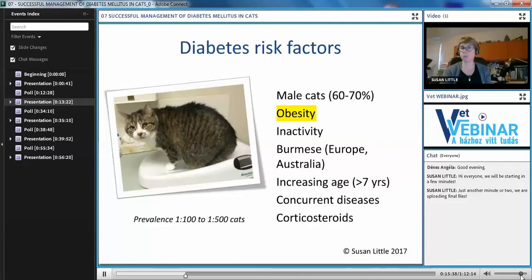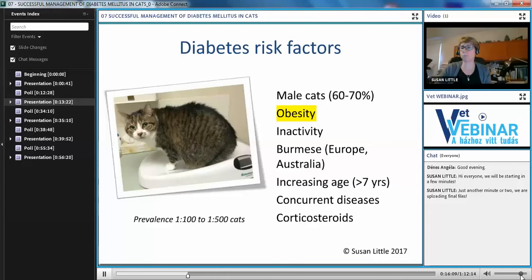Definitely more common with age. We've mentioned that already. So most patients are 6, 7 years of age or older. So as they get over 7 years of age, it's more common. We can more commonly see diabetes with concurrent diseases, and I mentioned chronic pancreatitis already as one of the diseases that can sometimes lead cats down the pathway where they develop diabetes, and drug treatment, and there in cats the big one would be corticosteroids.